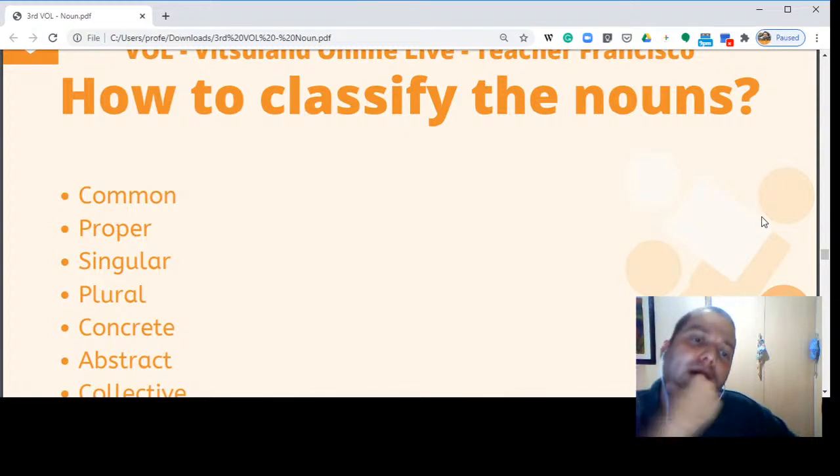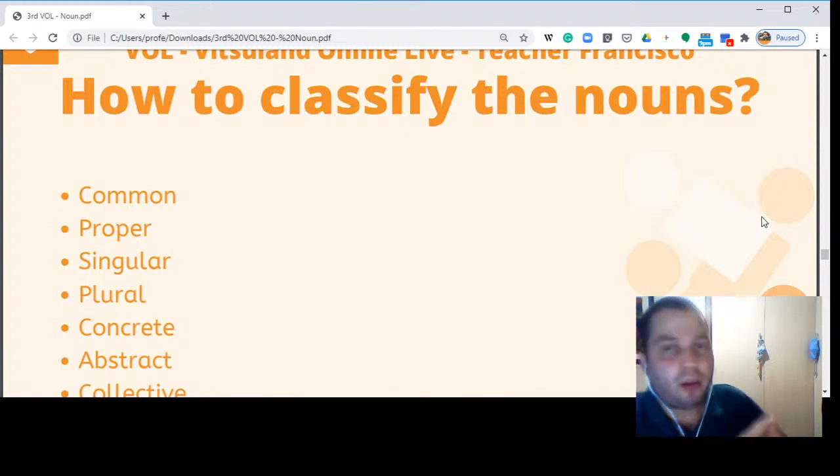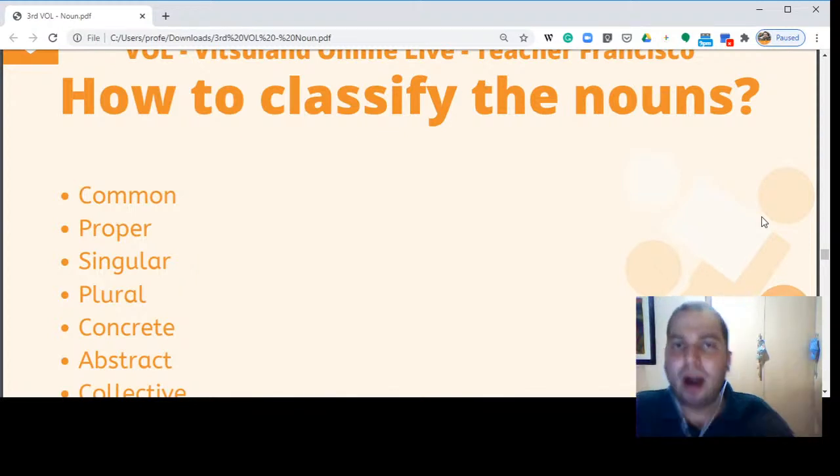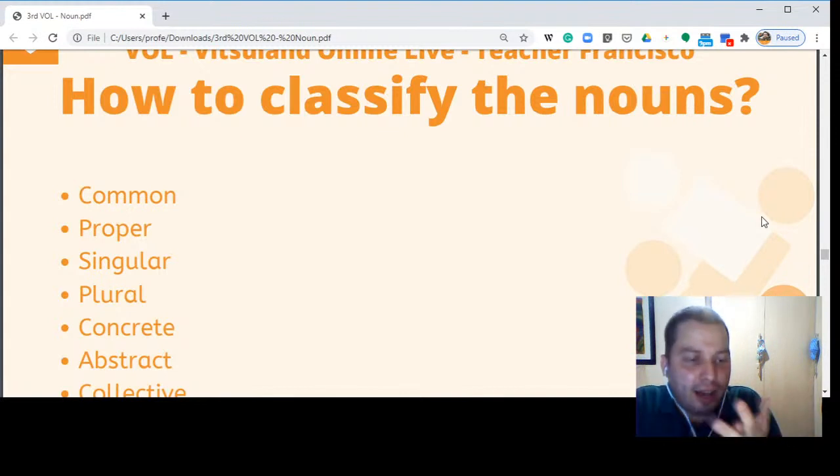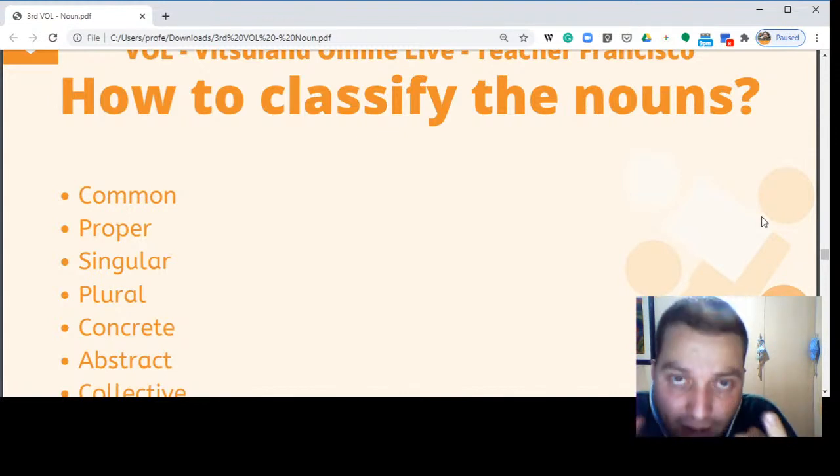Concrete nouns are something that we can touch. A smartphone, a tablet, a wire, headphones, a notebook, a drawer. These things we can touch, we can observe, and sometimes we can feel them.